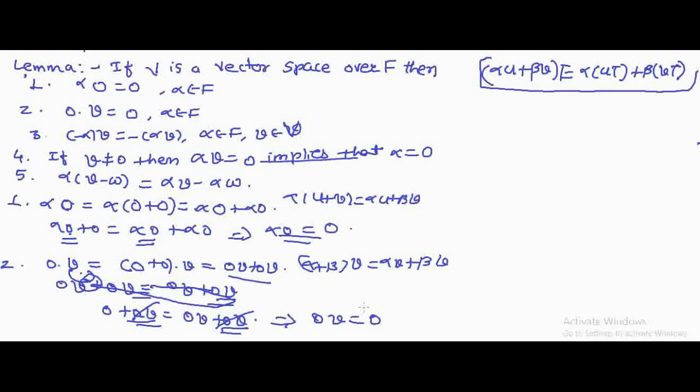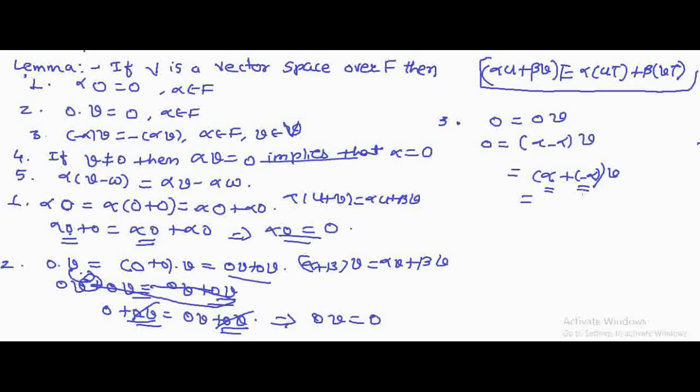Now the third condition, we prove here third condition. 0 equal to 0V we have proved. Now for this 0 we write here alpha plus minus alpha into V equal to, now look at this, this is alpha and this is beta.